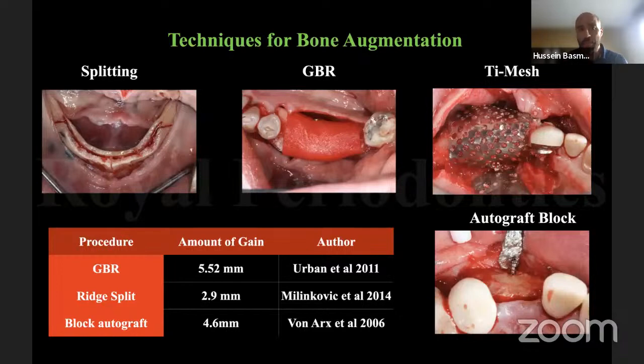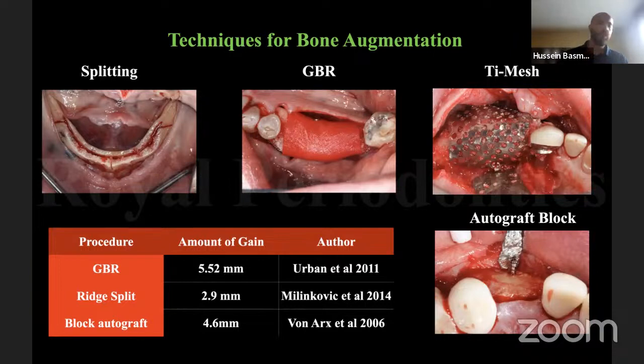And when we talk about bone grafting, we're talking about different materials. If you look at the literature, we have ridge split, guided bone regeneration, titanium mesh, autogenous block, and allograft block, and every one of these has shown successful outcomes in gaining horizontal and vertical augmentation.